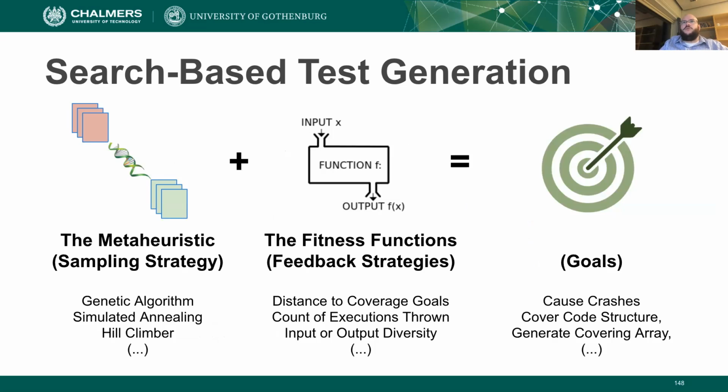Testing has one or more goals, such as executing certain code elements, driving the system to throw exceptions, or detecting planted faults. This process should yield test suites that meet those goals. The metaheuristic, the algorithm that we use to choose input and reformulate that population, and the fitness functions, numeric scoring functions, combine to yield those results.